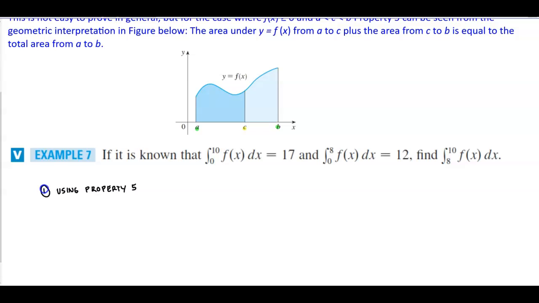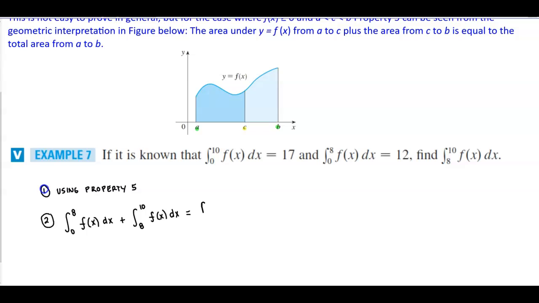So, using property 5, we have the following. We know that we're going from 0 to 8 of the function f(x) dx, and then we're going to add the integral from 8 to 10 of f(x) dx.